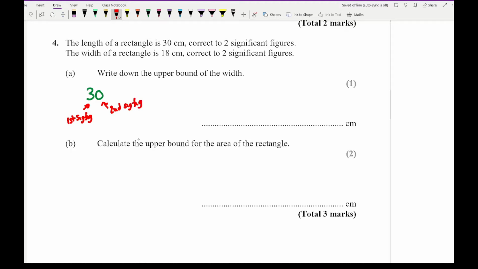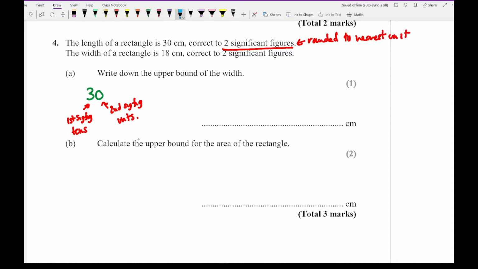So the first sig fig represents tens, and the second sig fig represents units. So where it says correct to two sig figs, this has been rounded to the nearest unit, because that's what the second sig fig represents.